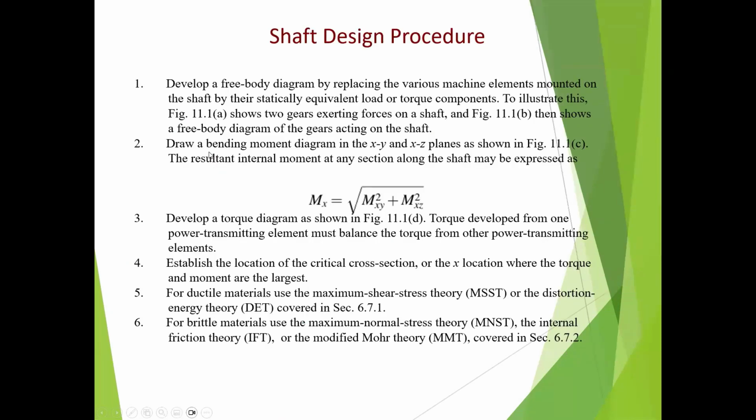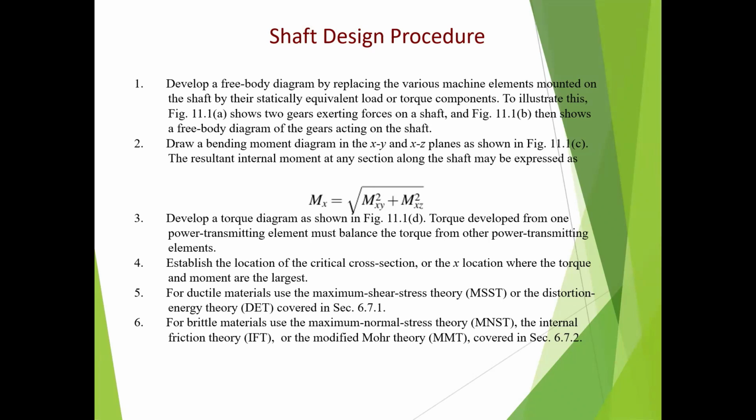The second step: we know that the bending moment is a vector, right? You understand, guys? Moment is a vector, just like force. Vector means that it has direction, not only magnitude.